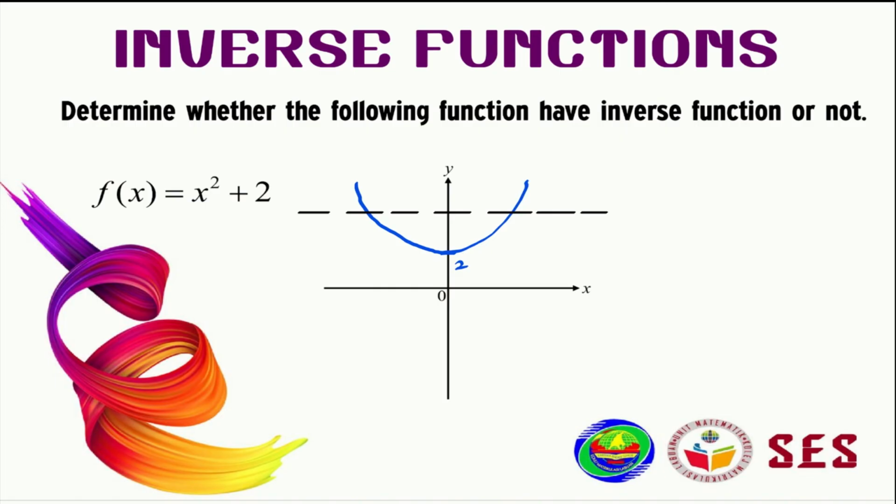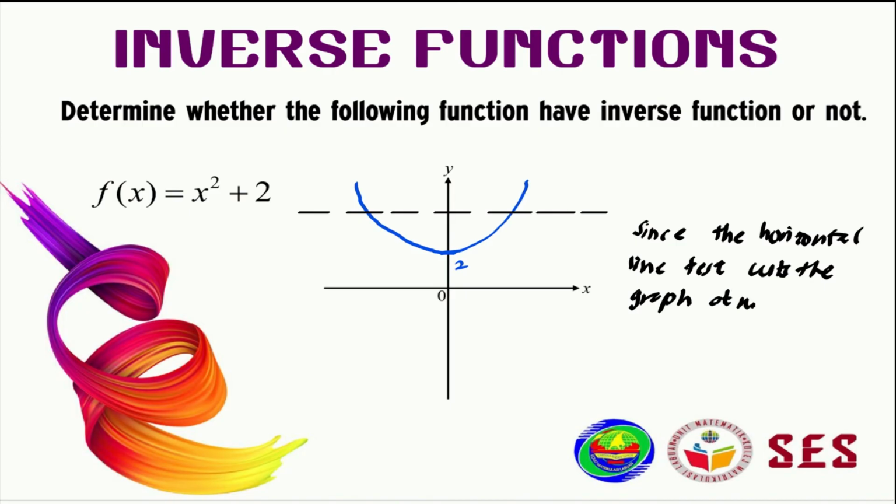The conclusion: since the horizontal line test cuts the graph at more than one point, where these two are the points here, f(x) is not a one-to-one function. The conclusion is compulsory in the exam.